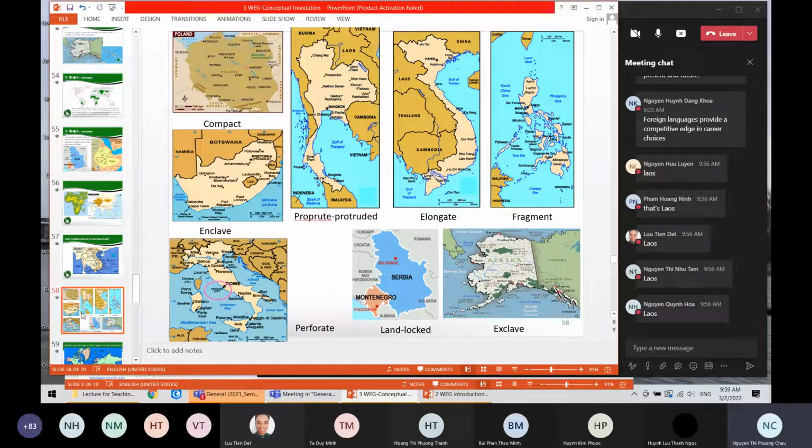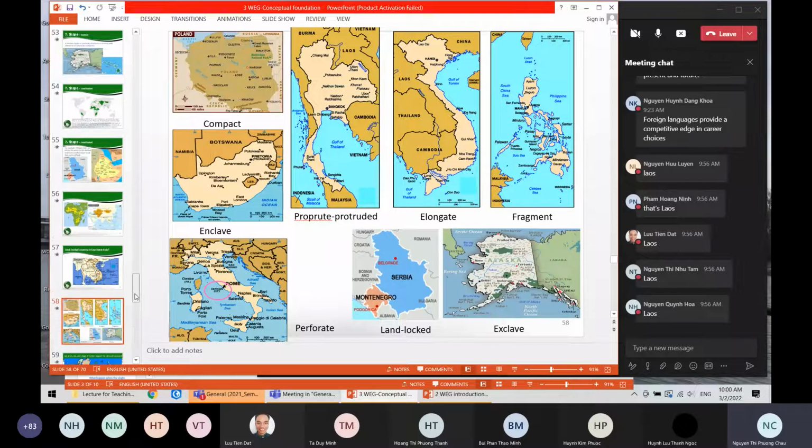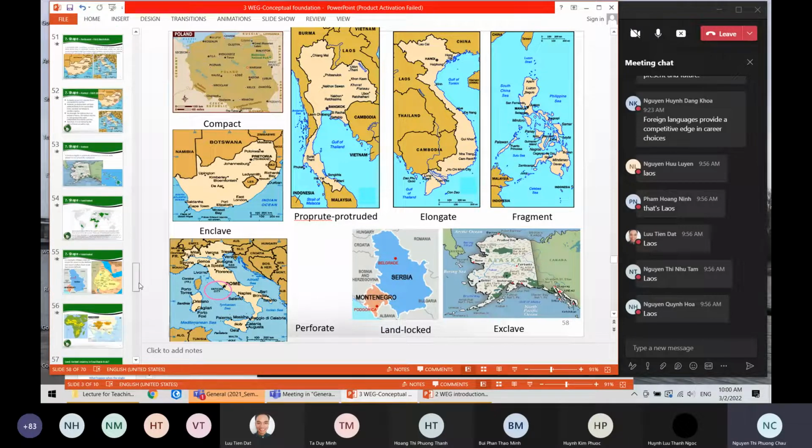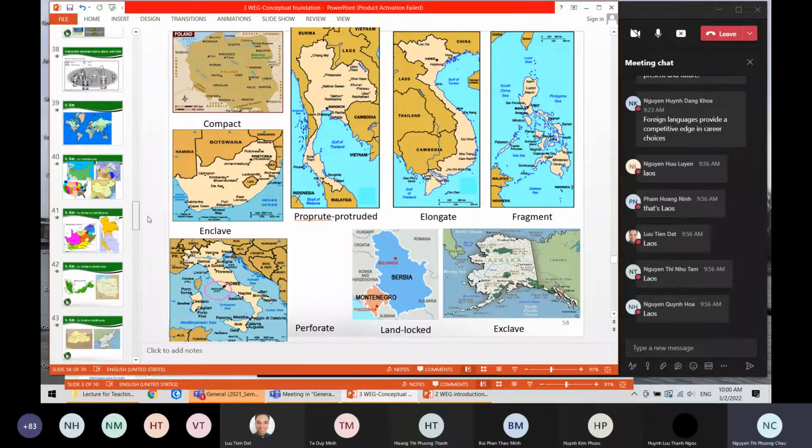Based not only on the shape, but also on the size of the nation, how large or how small the total area is, and as well related to the absolute location, with other concepts.